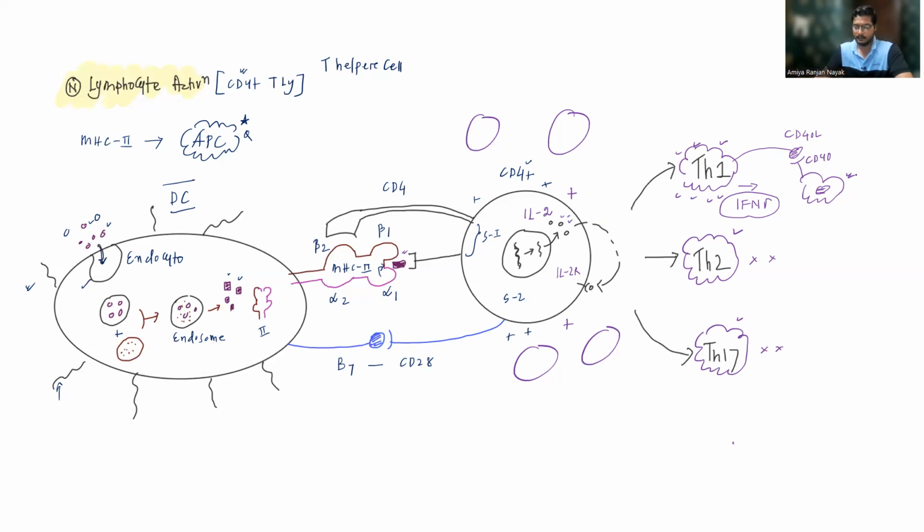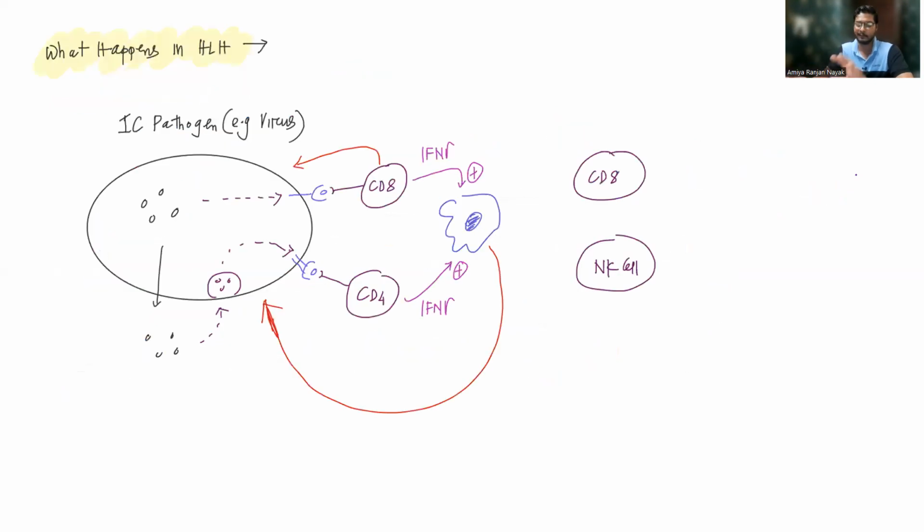Once we understand this basic concept, now we'll go to our topic of discussion, that is hemophagocytic lymphohistiocytosis. Again, we'll revise what happens whenever there is an intracellular pathogen like a viral infection. They will produce some proteins inside the cell. These proteins can be processed and expressed with MHC class 1 molecule to the CD8 plus T lymphocytes.